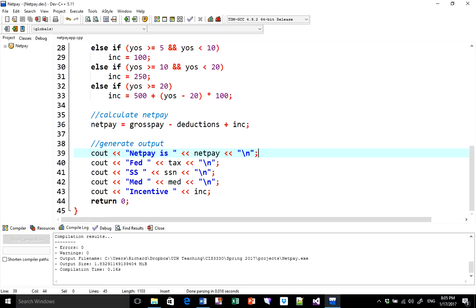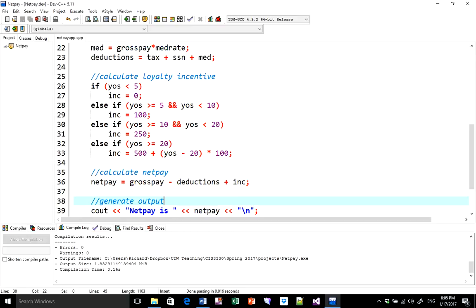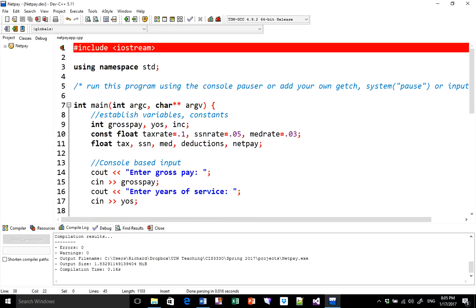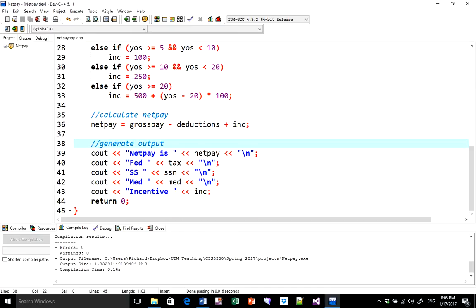For whole numbers, you usually use integers. There's also a Boolean data type called bool, B-O-O-L. That's true or false. We don't have that here. Does this make sense? That's our first app.